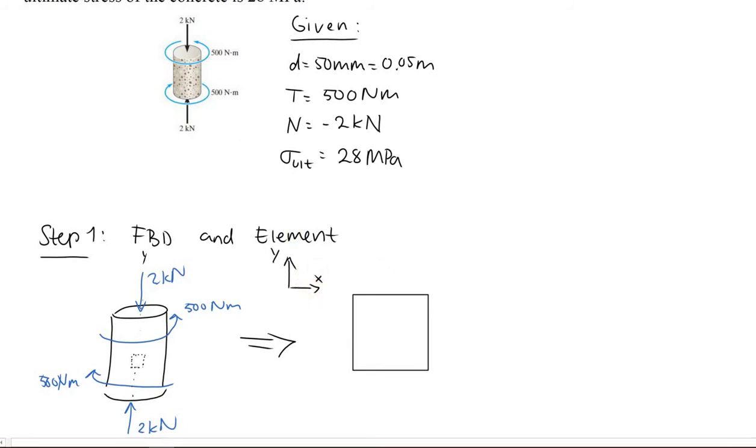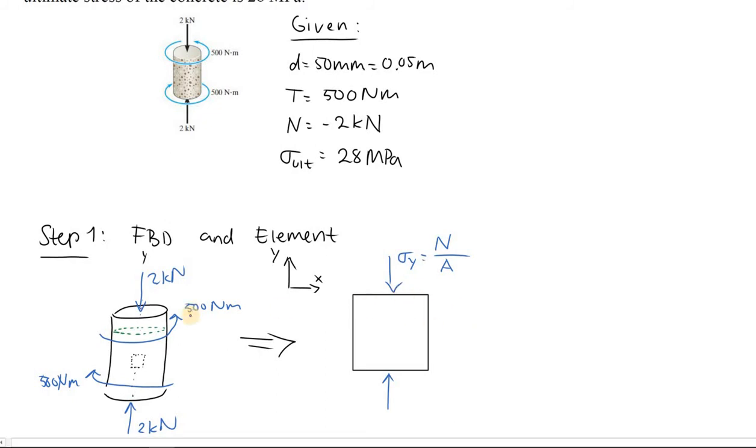As such, my 2 kilonewton force will cause a stress in the normal axis y. So stress in y is caused by our normal force divided by the cross-section area. Looking at our free body diagram, it's just the cross-section area in this element, so it's just a circle.